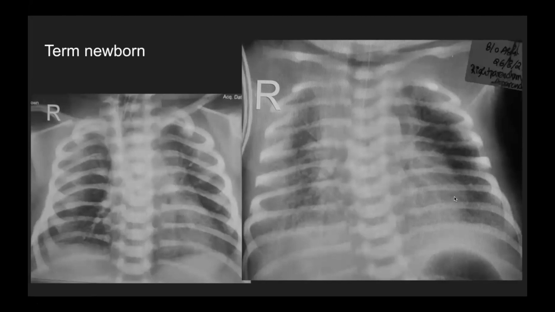We can see some peribronchial areas of consolidation. Overall, the lungs appear of normal volume, and the baby was a term newborn. So RDS, or respiratory distress syndrome, or hyaline membrane disease, is probably less likely. But in such a case, should we go for a CT? No, it is better to do a bedside ultrasound in such a child.